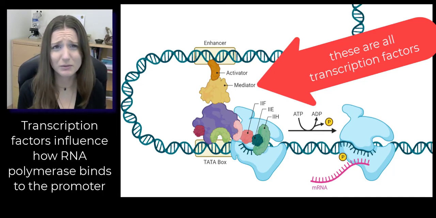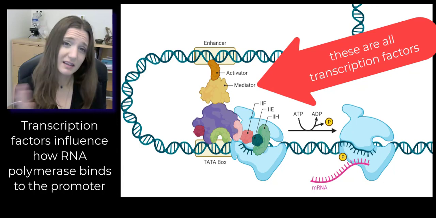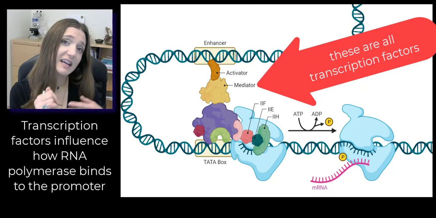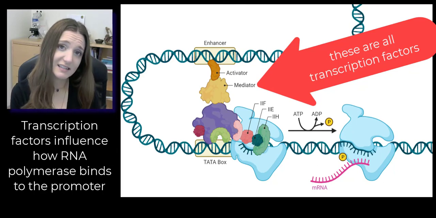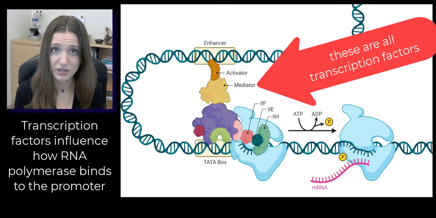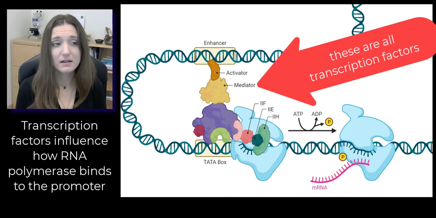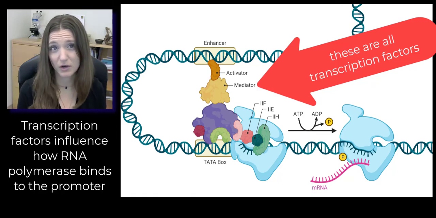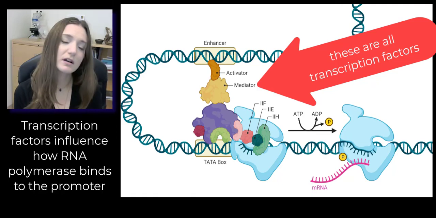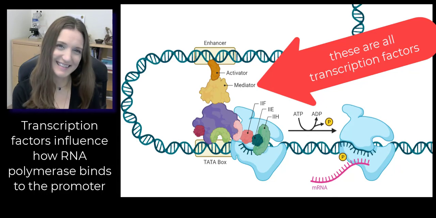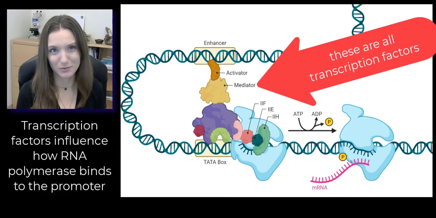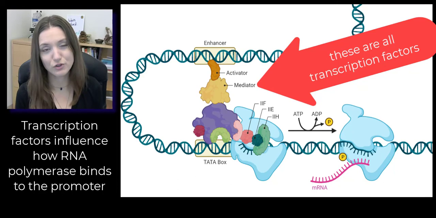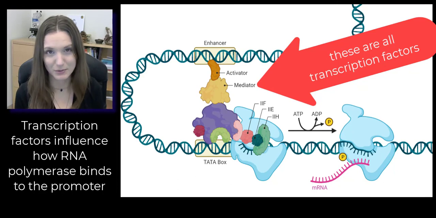So hormones often will act like transcription factors that will bind to the DNA and enhance or silence the transcription of that gene. Okay? A lot of signaling molecules that cells will use to talk to each other will often work as transcription factors, or their end result of that signal will activate a transcription factor, which will alter which genes are being transcribed or not transcribed.